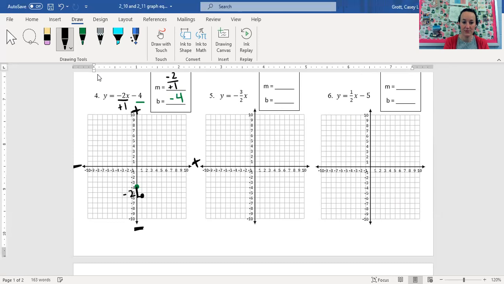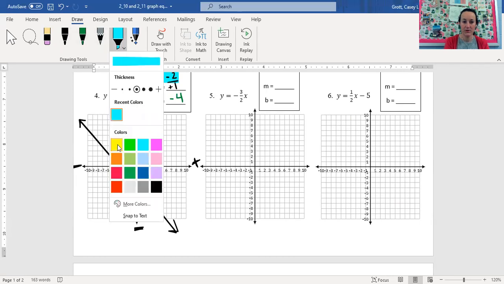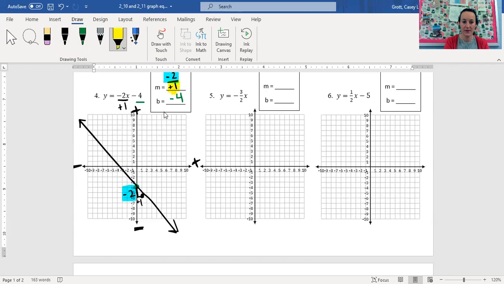So down 2 over 1 to the right. Draw my line to connect my points. -2, -2. Okay, we're using all the numbers that we got here. +1, +1. Negative line to go with my negative slope.